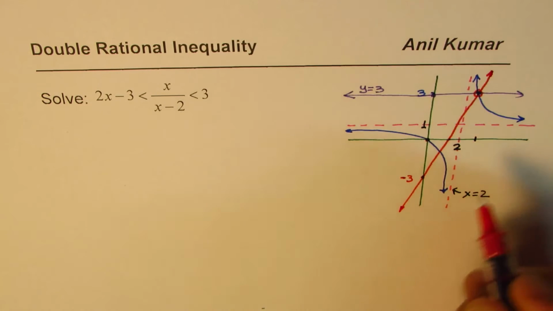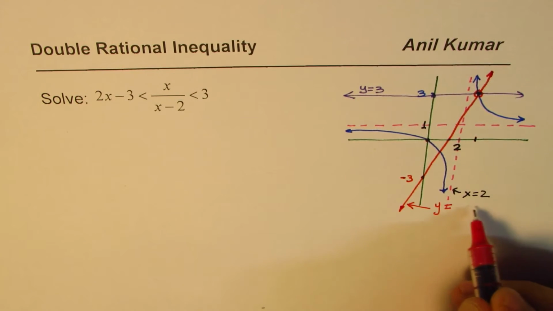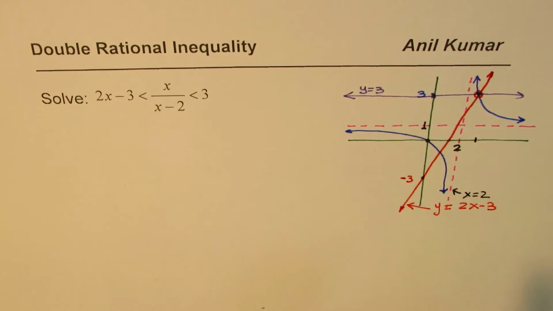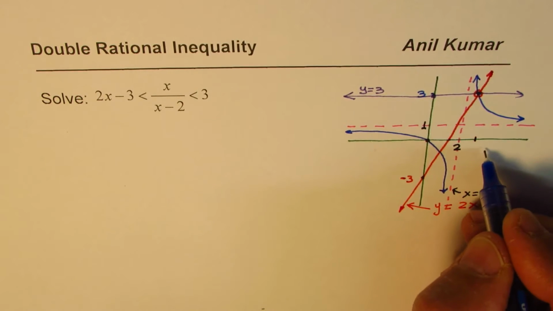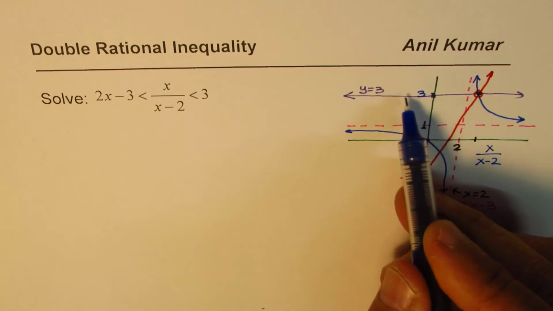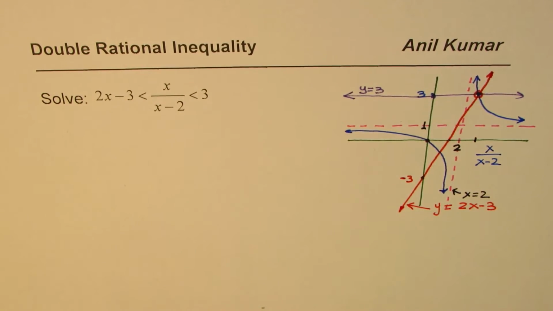So this is the line which represents y equals 2x minus 3, correct? So we have got all three functions here: the rational function x over x minus 2 and the two linear functions, y equals 3 and y equals 2x minus 3. Now, what are we looking for?